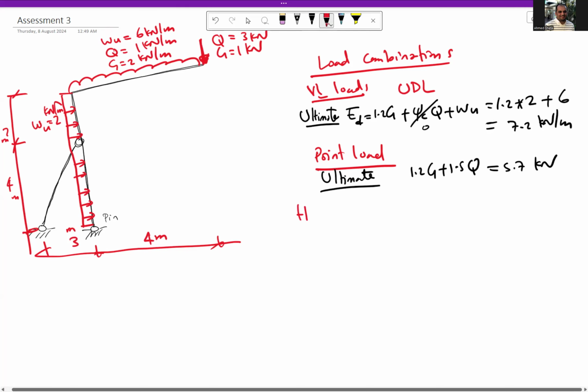For horizontal load, we have only W ultimate equal to 2 kilonewton per meter.